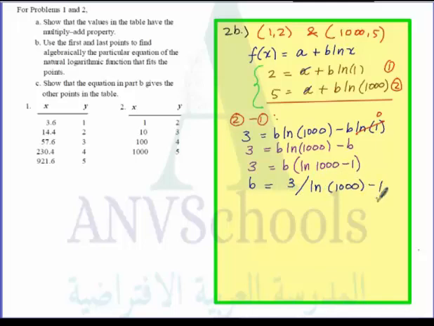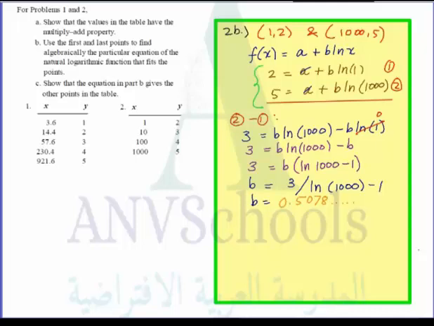And that will give me 3 divided by ln of 1000 minus 1 equals 0.5078.